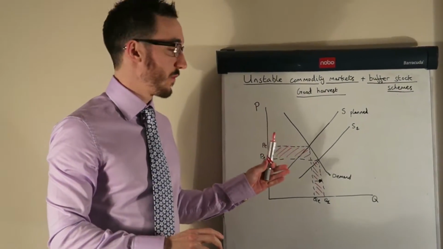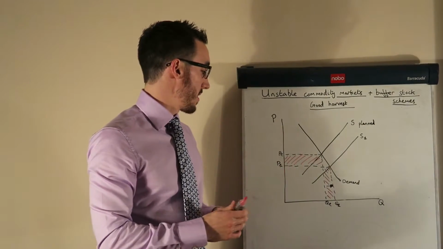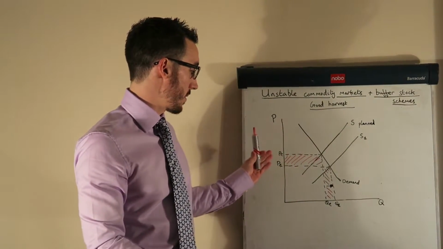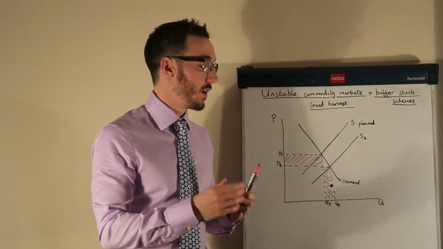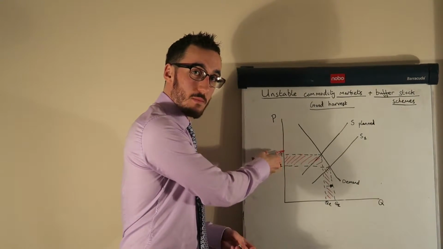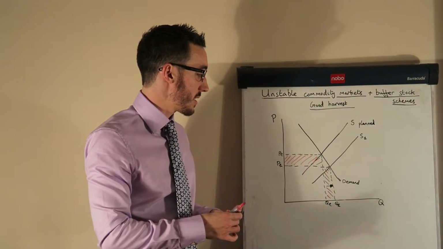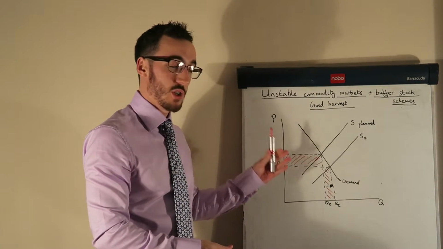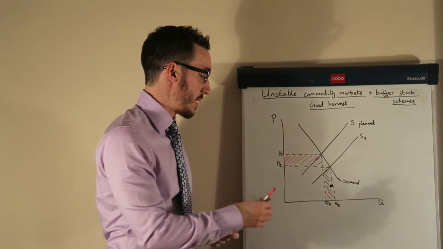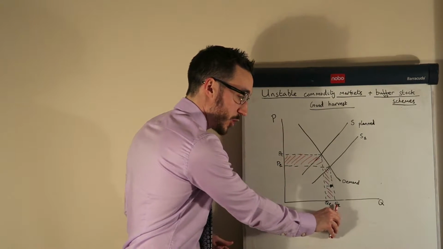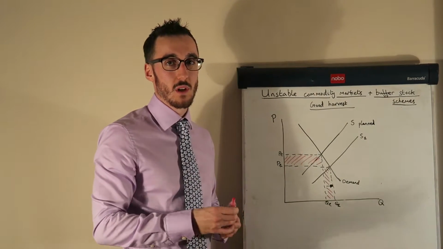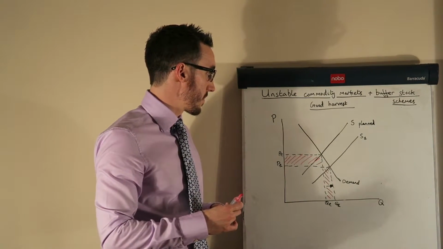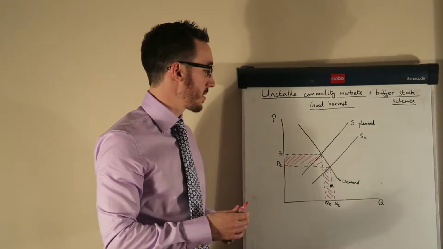This causes a problem for producers. It's fine for consumers. The price has dropped, that's great. We can get our goods for cheaper. However, this much larger decrease in price has meant that producers can go out of business. They only sell a few more units, but actually the price they have to charge for those units has dropped quite a lot. So this is bad for producers.